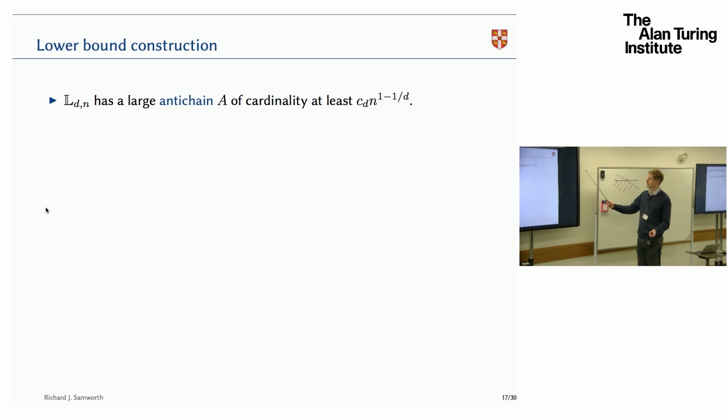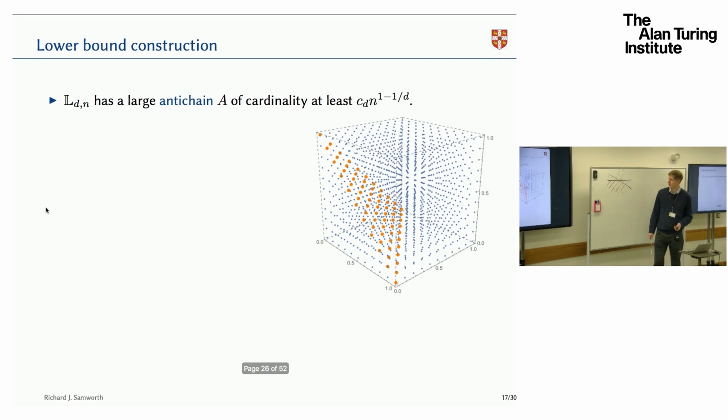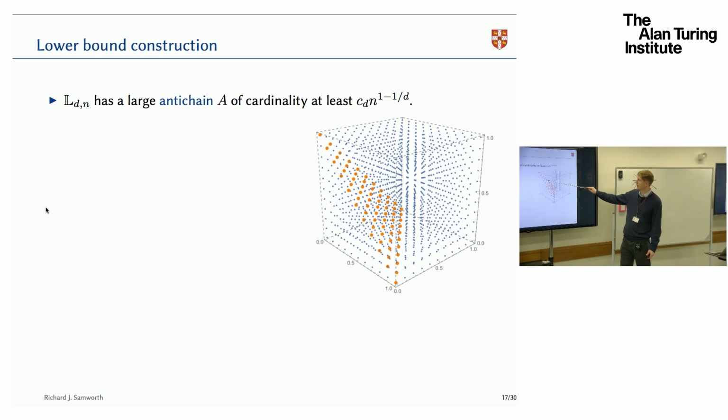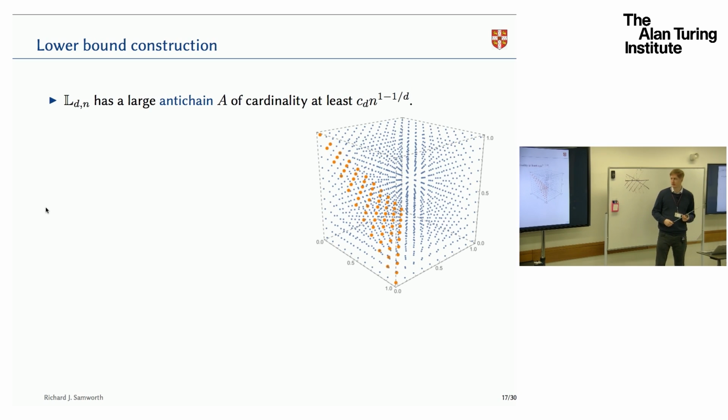And the point is that this lattice does have a large antichain, illustrated here. It's basically all these points on the anti-diagonal of my lattice. So you'll notice that if I take two points at the same vertical level, I can't compare them, because one is larger in the x direction and the other is larger in the y direction.